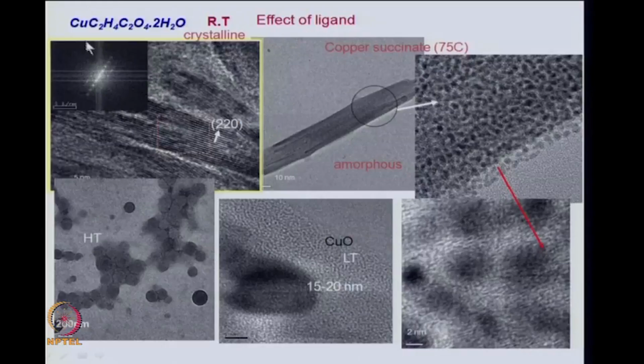Here we see that this is copper succinate. In this case, depending on the ligand, we can get crystalline anisotropic structures under certain cases, and you can change it to amorphous structures, and that amorphous structure can again give rise to particles like this, and on heating can give rise to the oxides.